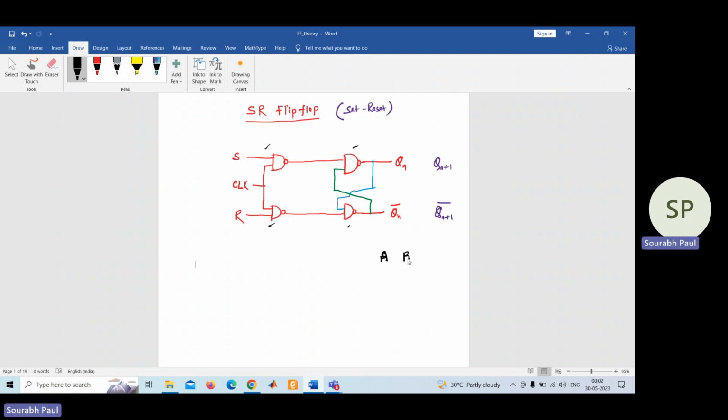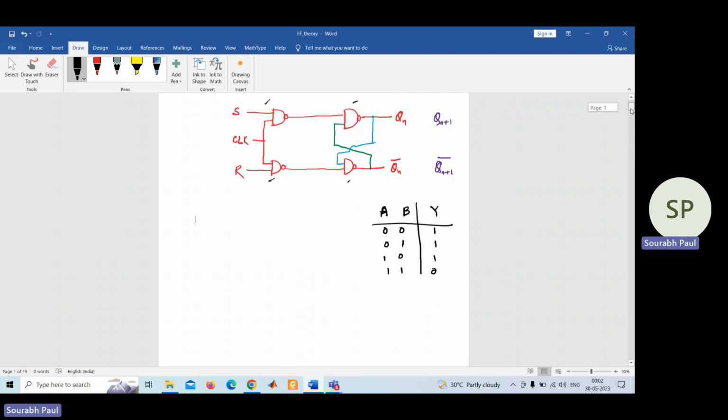Suppose A and B are the two inputs of the NAND gate and Y is the output. So 0 0, 0 1, 1 0, 1 1. For 0 0, the output is 1. For 0 1, 1. For 1 0, 1. For 1 1, 0.